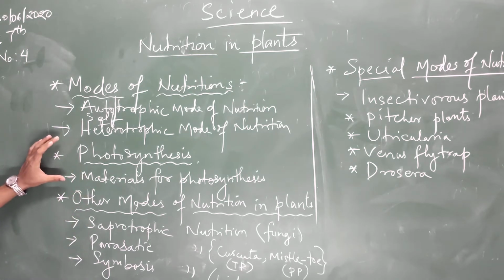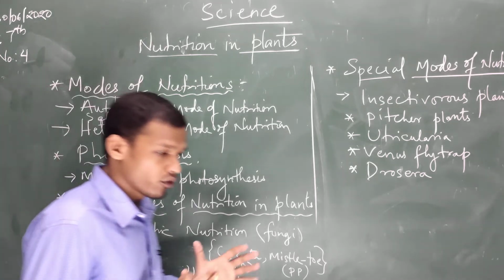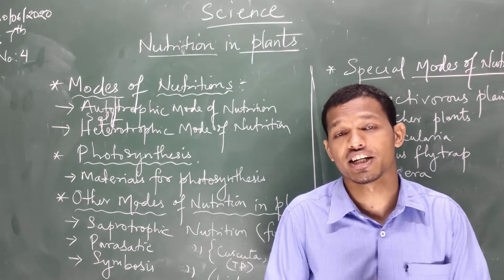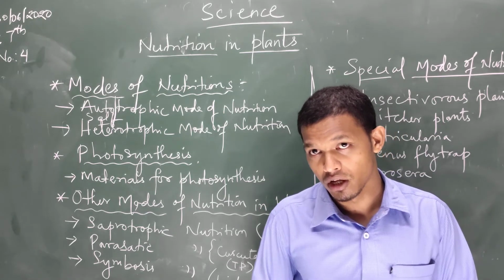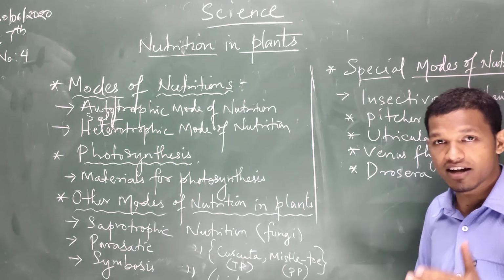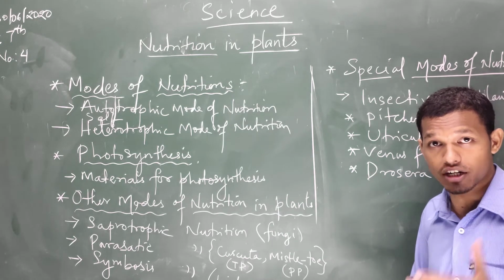In order to understand photosynthesis, before that we have to know where the food factory of the plant is located. Is it located throughout the plant, in the branch, in the root, in the stem?